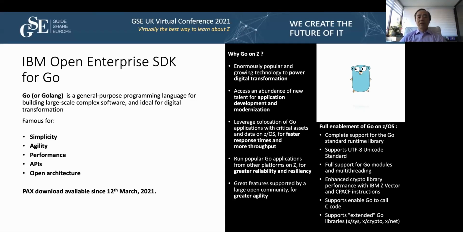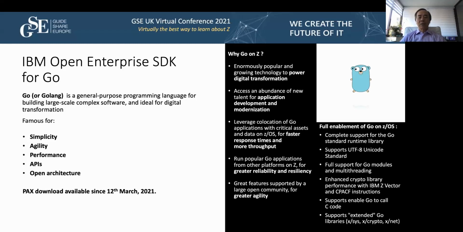It has complete support for the Go standard library. It supports UTF-8 and multi-threading. Go is very good for concurrent programming, and those are things that some infrastructure type applications require. So it's really good for that. If you want to interface to other languages, there's a facility called cgo, and that's also enabled on the platform.